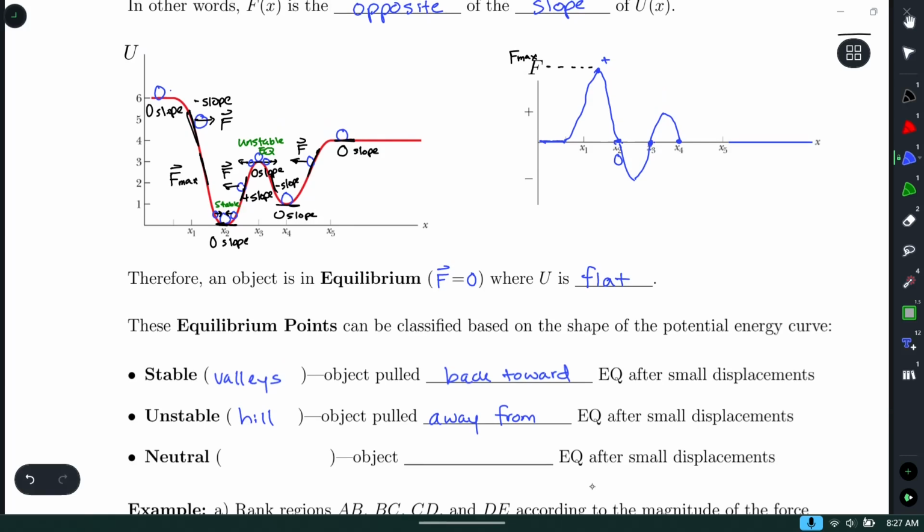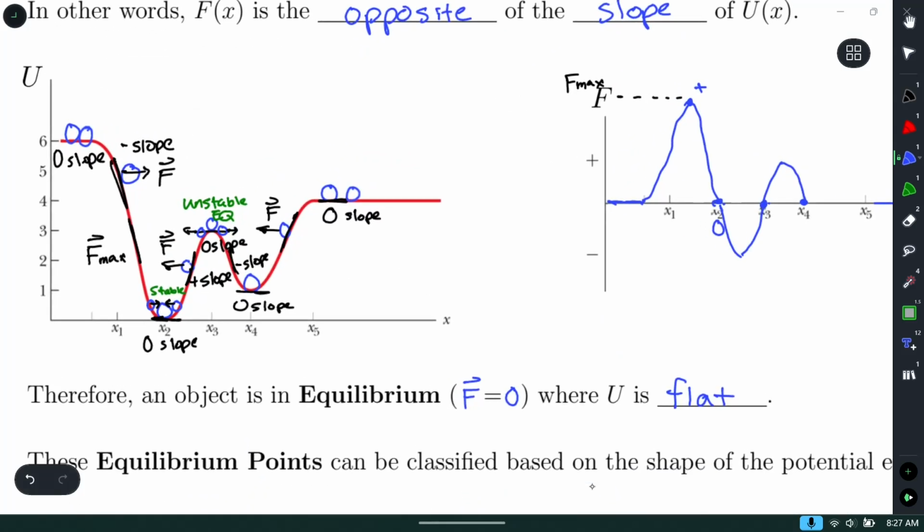All right, now neutral is sort of like an extreme case of stable, but it's because if I give it a little kick to the left or to the right, it's still going to feel zero force after at least the little kick I give it. So if I displace this ball on the right just a little bit away from x5, it's still going to feel zero force. But now it's moving.